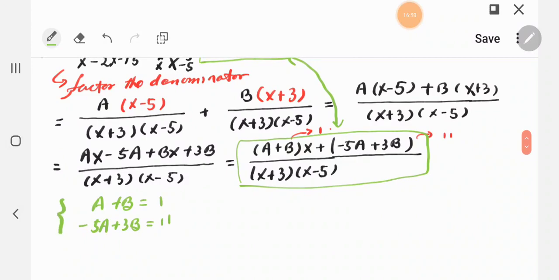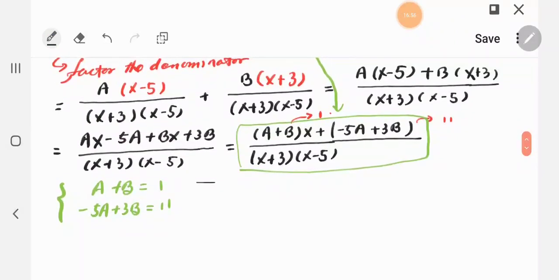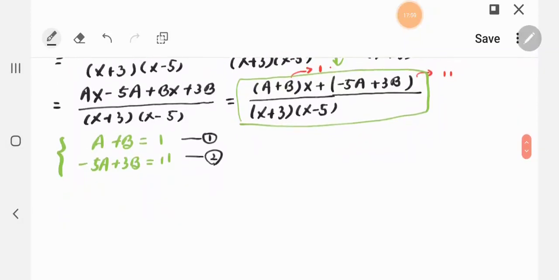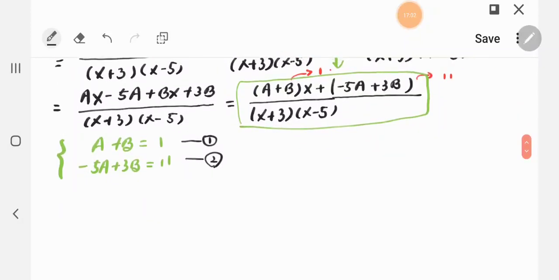So we have a system of equations. From this system of equations, we can solve for a and b. Let's say this is equation 1, equation 2. Let's find a and b, then we are done. Why don't we multiply the first equation by negative 3, so let's get rid of b.